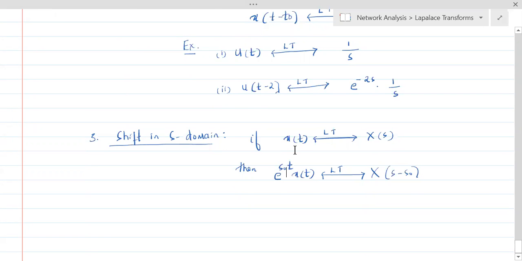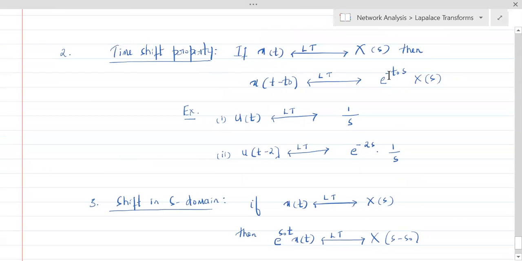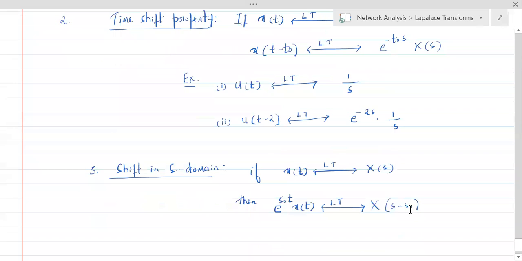If there is a shift in time domain, then the exponential will have a minus power. If you have a shift in S domain, then the exponential accompanying the time domain signal would have a positive power. Is this understood? So it is e power S naught t in time domain, if you have a minus S naught shift in S domain. Is that okay with you?